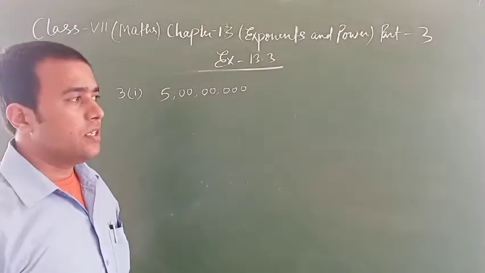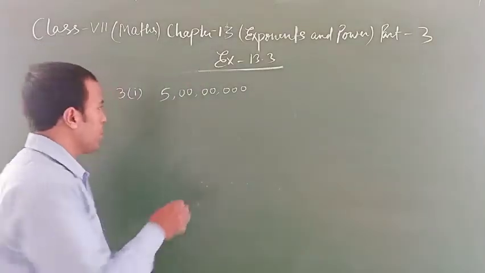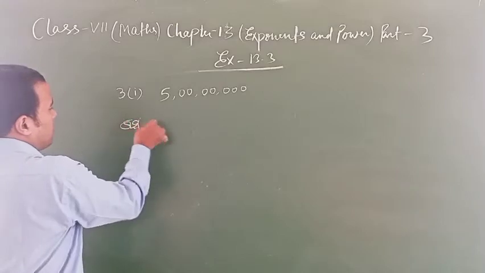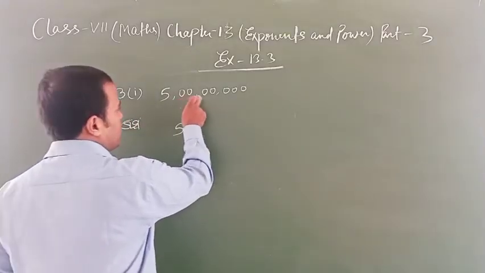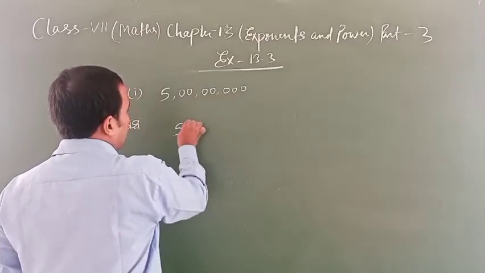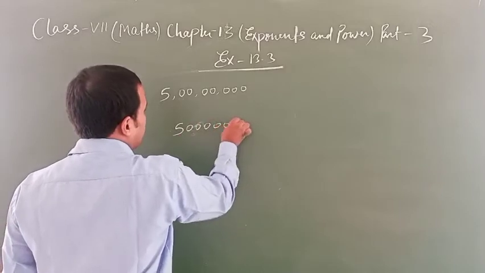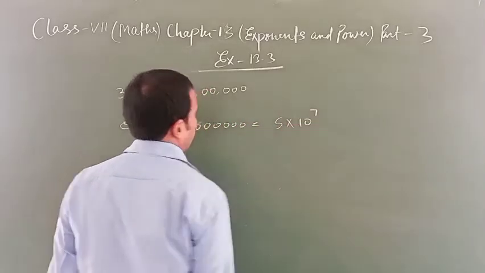Write in standard form means write in exponential form. Means 5, after that see how many 0s: 1 2 3 4 5 6 7. So 5 with 7 zeros equals 5 into 10 to the power 7.